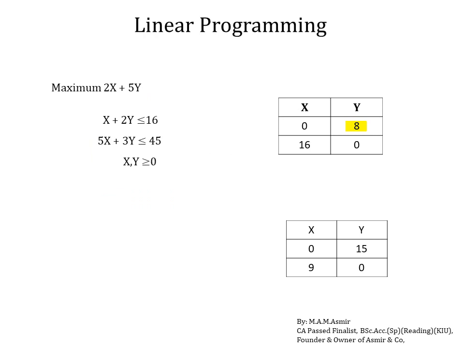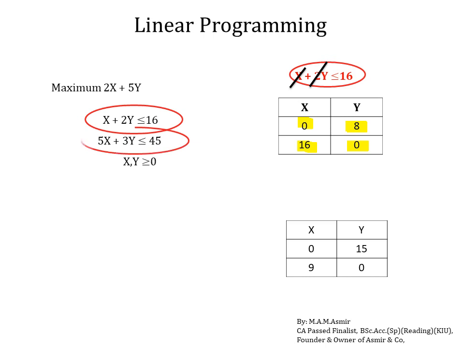To solve this model graphically, we begin by finding points that satisfy the constraint lines. For the first constraint, when x equals 0, y equals 8, and when y equals 0, x equals 16.